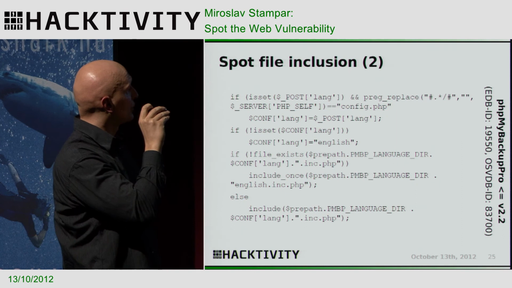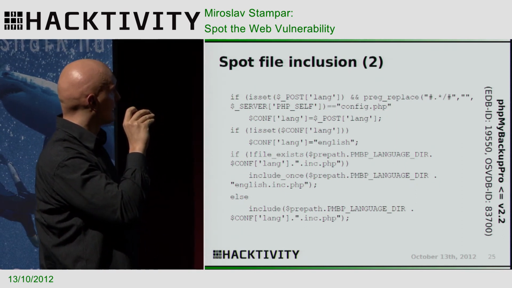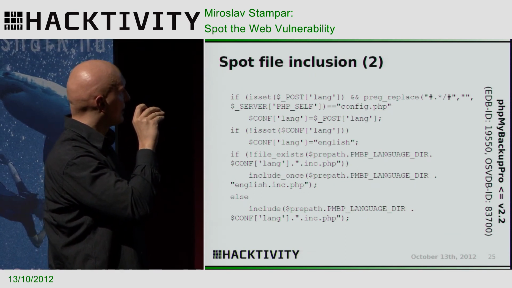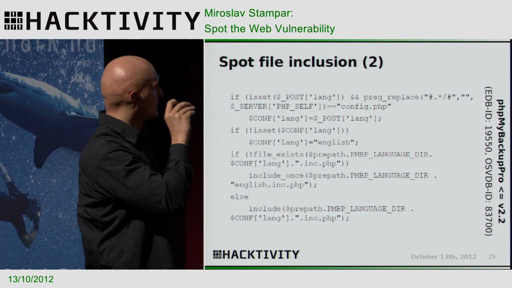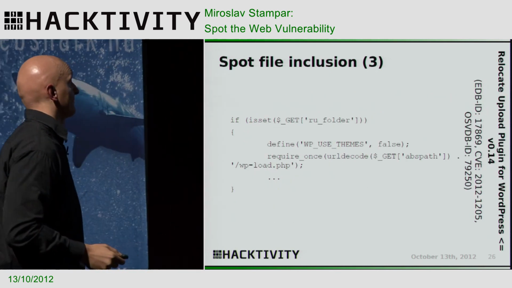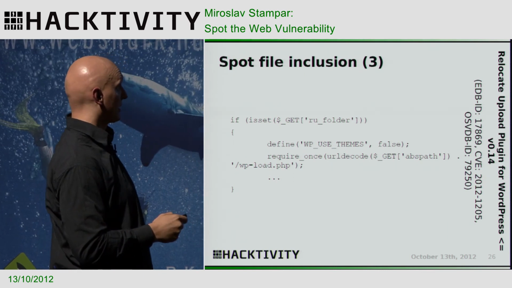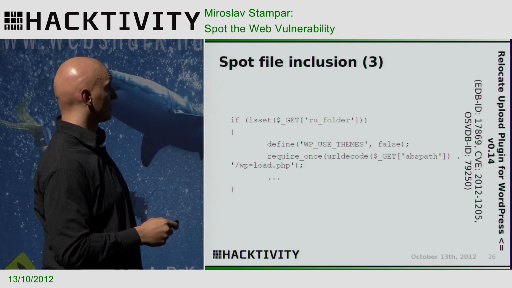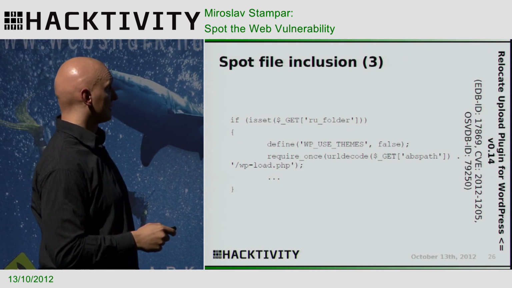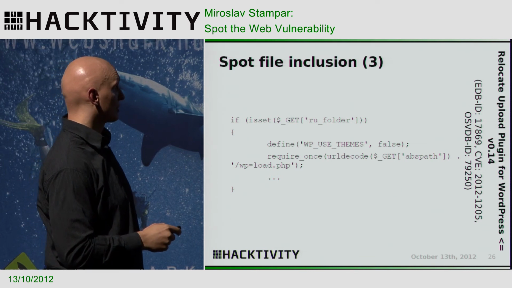If you are able to upload the web shell to the affected web server, you can just go to the parent directory, put the name of the shell, and then end it with the init.php. This could also be a hello world for remote file inclusion. You can see here that the GET parameter value abs path is blindly included into the source of this code.